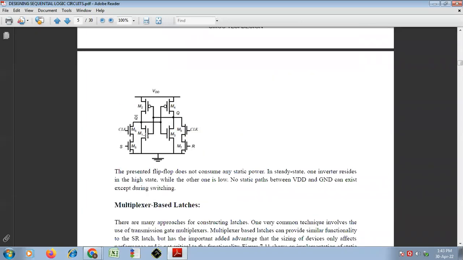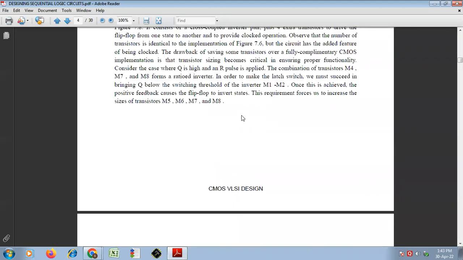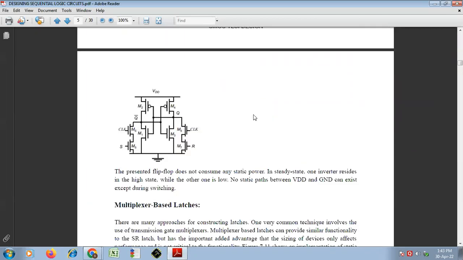Where are M1 and M2? These M1 and M2. Once this is achieved, the positive feedback causes the flip-flop to invert the state, and this requirement forces us to increase the sizes of transistors M5, M6, M7 and M8. So why do we require these 4 extra transistors? The reason is to force the flip-flop to invert or change its state.